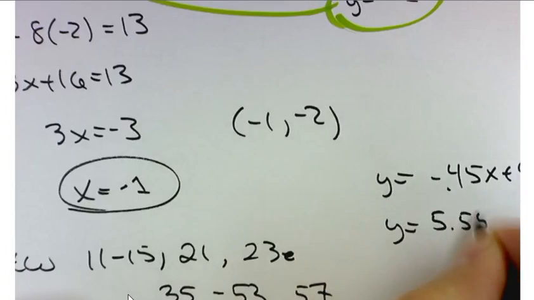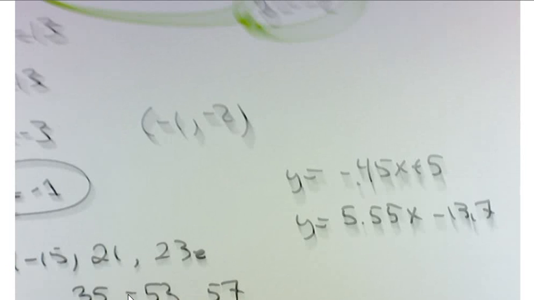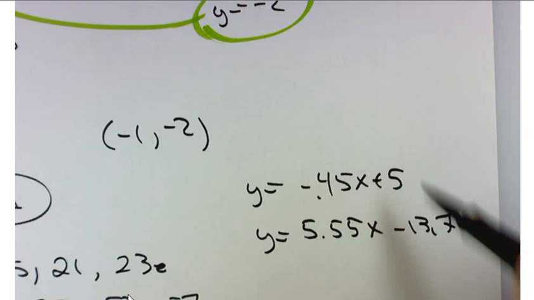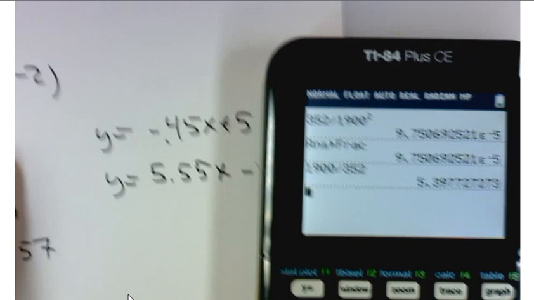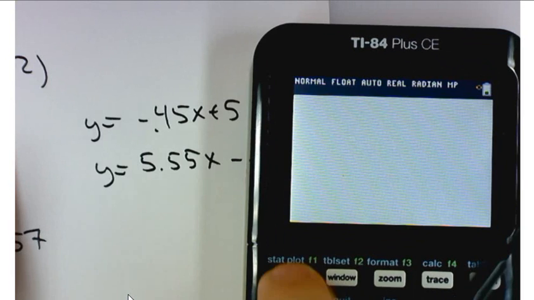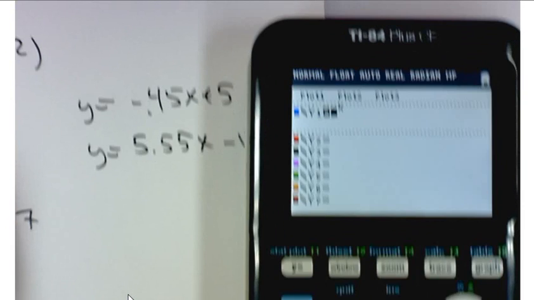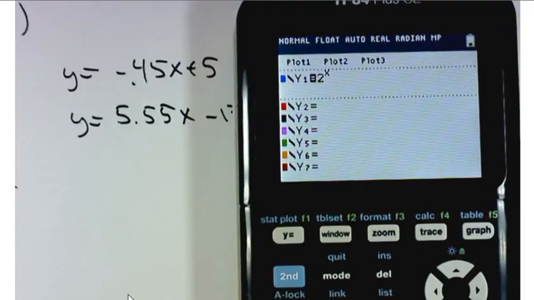So what you would do is plug both of these into your equation editor. So that means you hit the y equals key on your graph. If there's anything there, use the clear button underneath the arrow keys to get rid of that stuff. Type in negative 0.45.